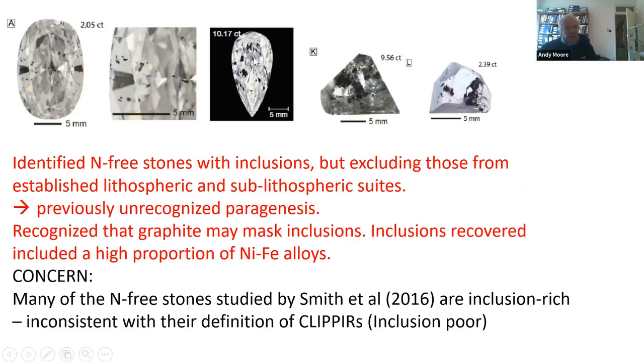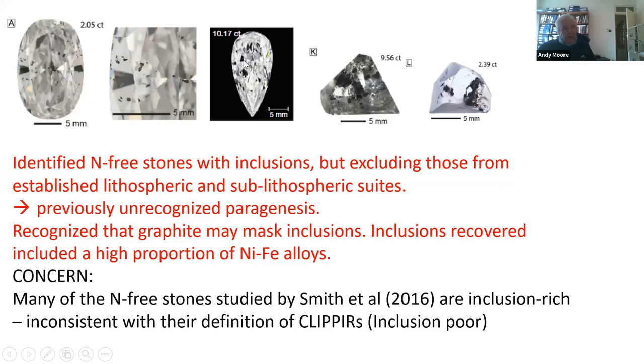So a very careful study. And on the basis of these sublithospheric inclusions in these nitrogen-free diamonds, they inferred a sublithospheric origin for the clippers. A lot of the inclusions were nickeline alloys.